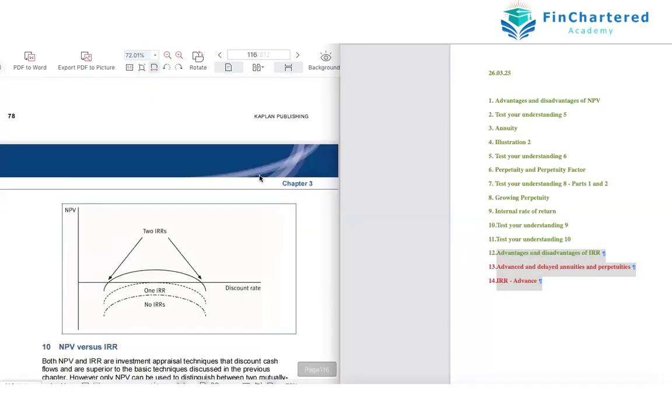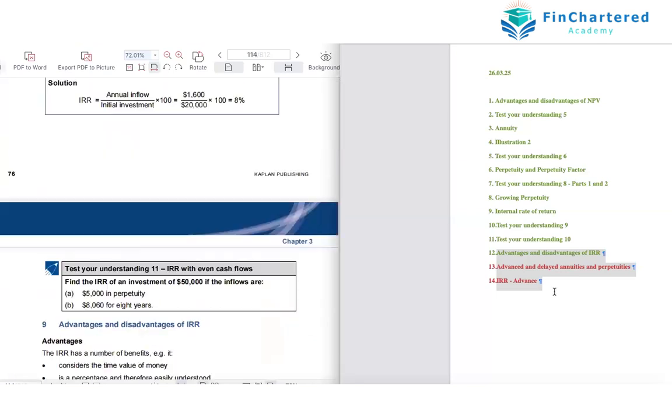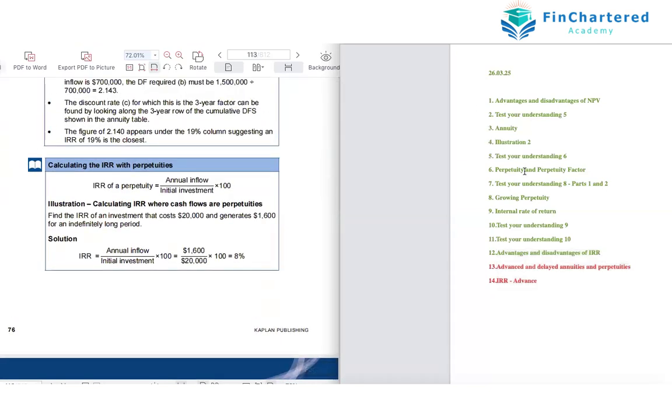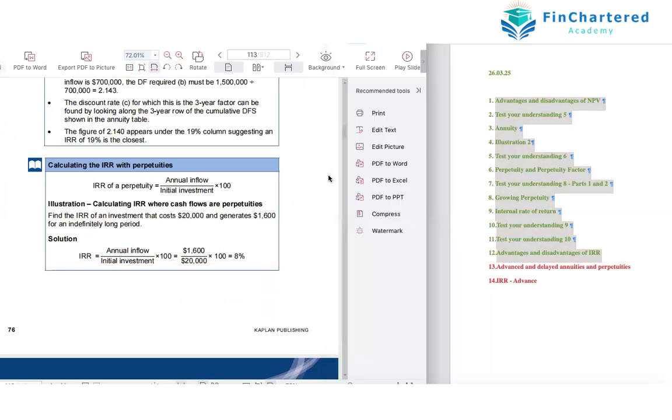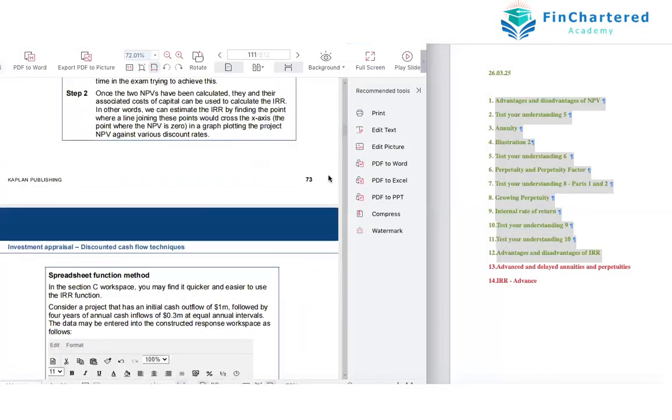Anyway, as you all know, from the earlier class, I explained everything and I said that in order to do advanced annuities and perpetuities, and in order to look at advanced IRR, I'll give you some time first so that you understand annuities and perpetuities.